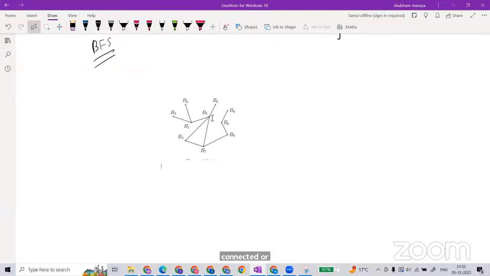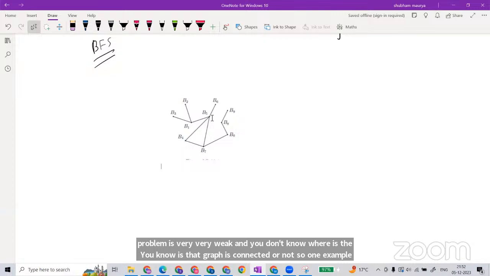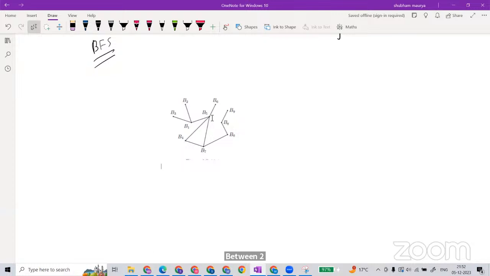BFS also tries to find a path between two vertices, and it will tell whether there is any path between two vertices or not, whether they are connected or not. So the BFS algorithm is used for that. There are many uses, but we can see these two. To check whether the graph is connected or not, you start BFS.